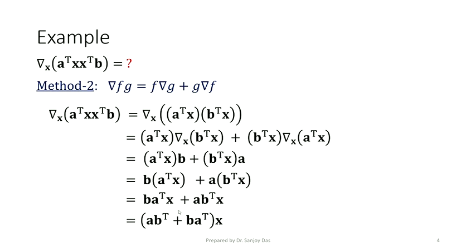So now I'll remove the brackets. So I have BA transpose X plus AB transpose X. I'll take X common outside. I get AB transpose plus BA transpose X, which is exactly the same result that we obtained the first time.